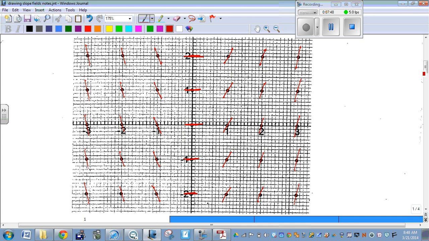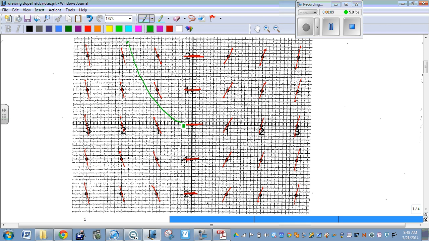What I compare a slope field to is kind of like the current in a body of water or a river or something like that. Let's say we dropped a leaf in the water right here. These little slopes kind of tell us the direction where it's going to be flowing and moving. So let's say it was right here. Well, the slopes are kind of pointing down, and then they start to shallow out a little bit.